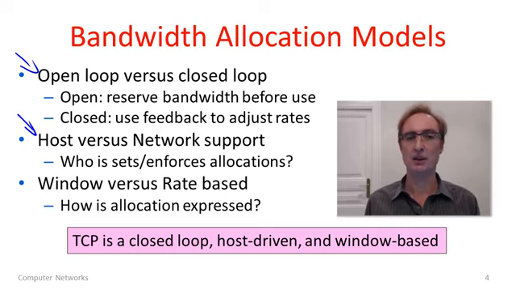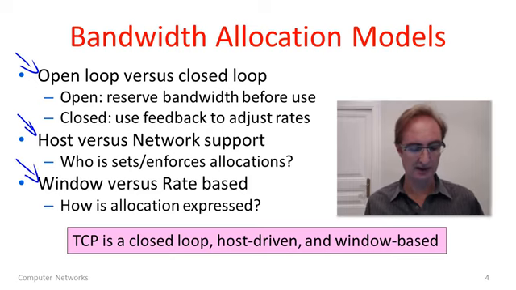For instance, if the network is enforcing it, the network's really in control, and users can't undermine the network. If the hosts are setting the bandwidth allocations in some ways, then they better behave in a good way for the network, or they might have an adverse effect on the whole network, and there's nothing much the network can do about it. So these things matter at a high level.